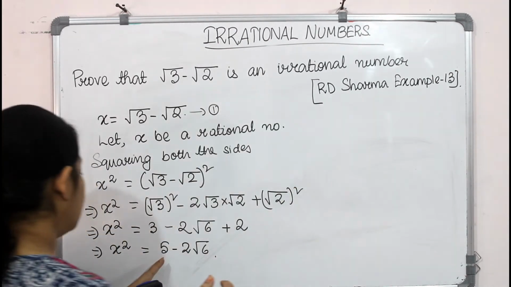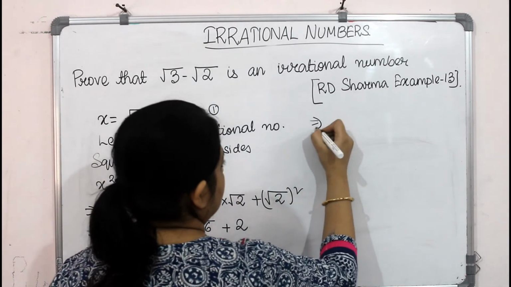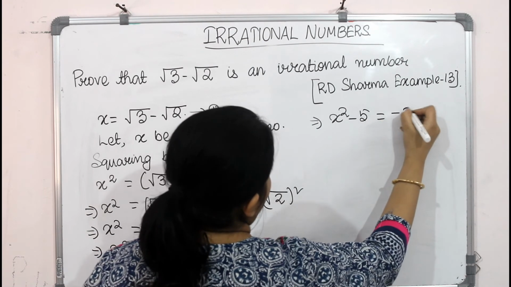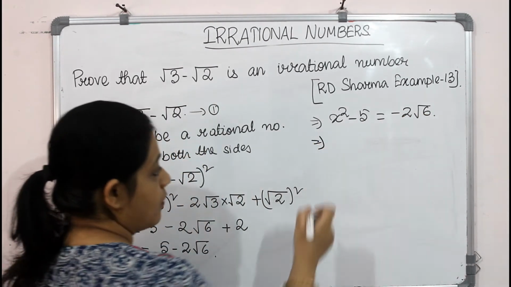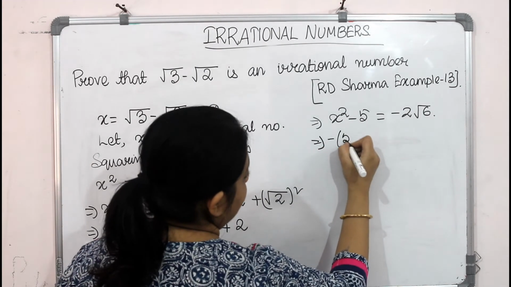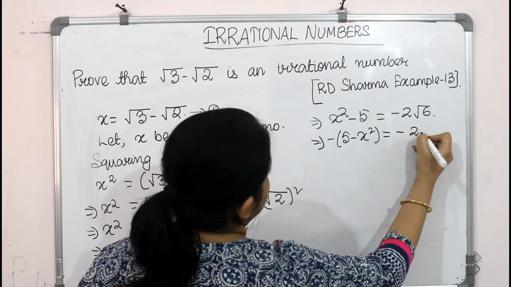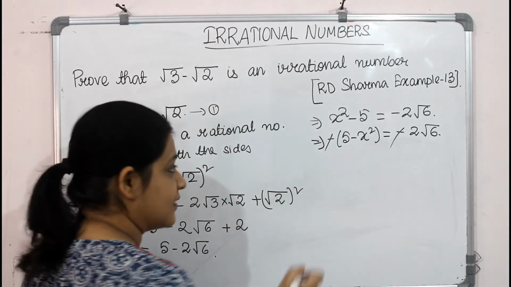So I will bring 5 to the left hand side. So you will be left with x square minus 5 equal to minus 2 root over 6. So let us take minus common. So minus 5 minus x square equal to minus 2 root over 6. So minus minus will get cancelled.